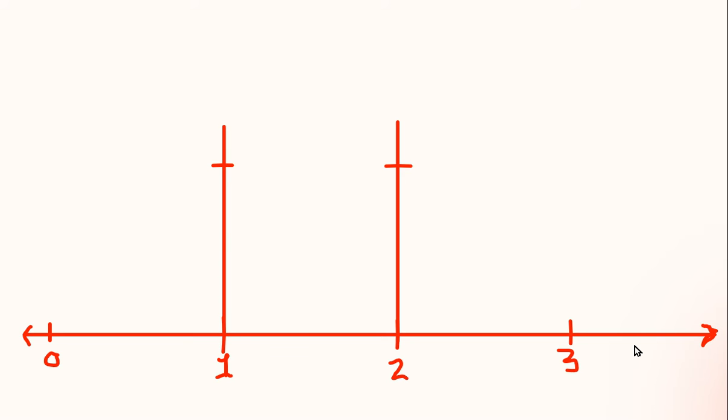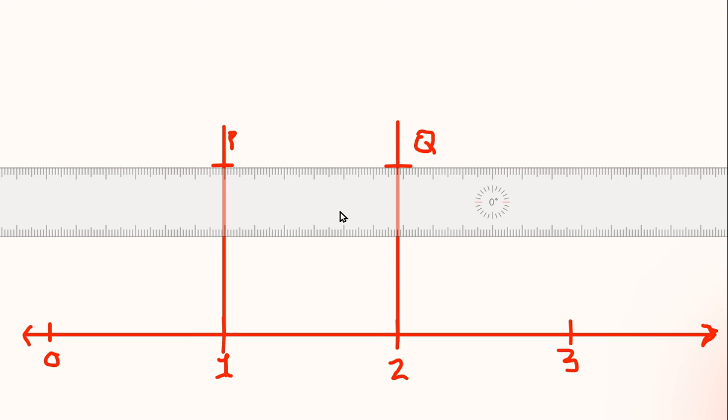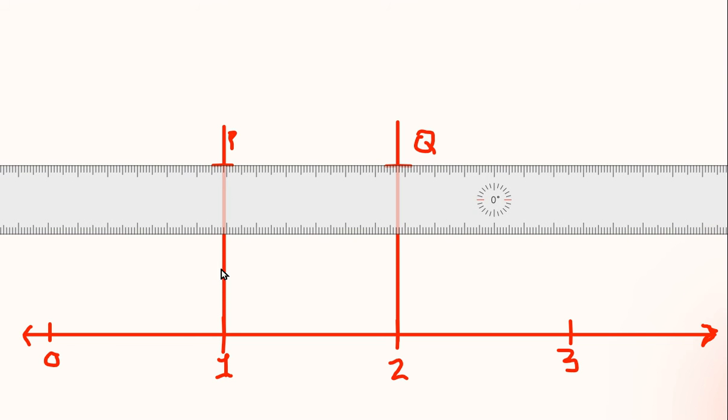Now we can draw a parallel line through point P, here point P and point Q. Take your scale and draw a parallel line passing through points P and Q.